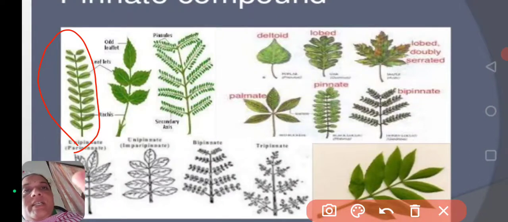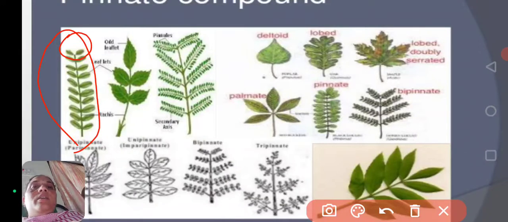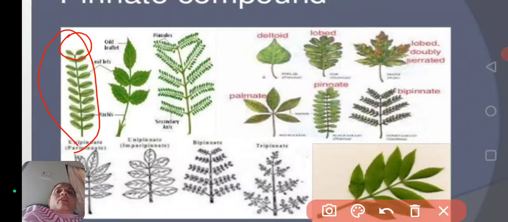Paripinnate means always ends with an even number. That is, ending with an even number of leaflets is called paripinnate.